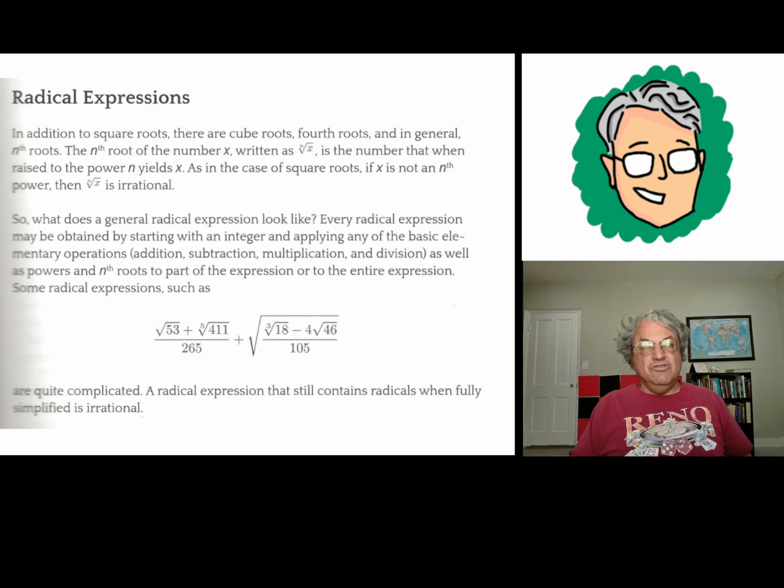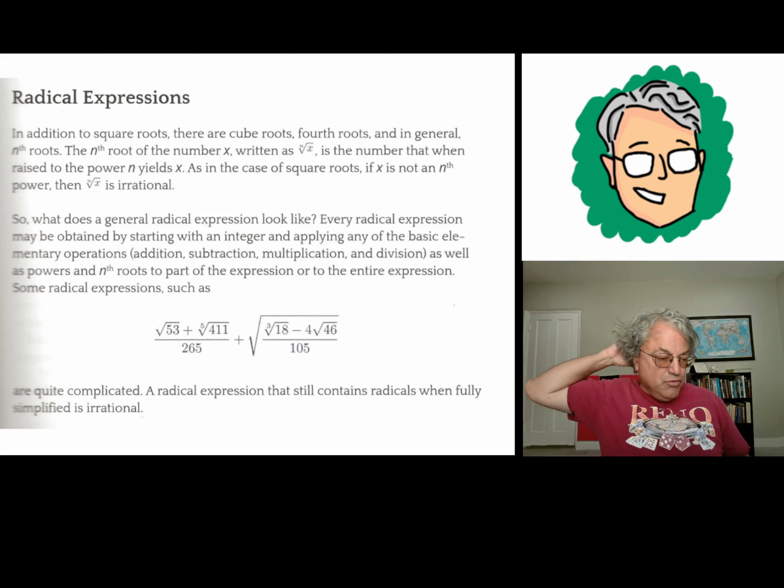So what is a radical expression? Well, I think you guys are familiar with square roots. I already did a couple videos on those. Those are just numbers whose square is equal to the number inside what's called the radical, the funny looking symbol. And the symbol for nth roots doesn't have to be a square root.